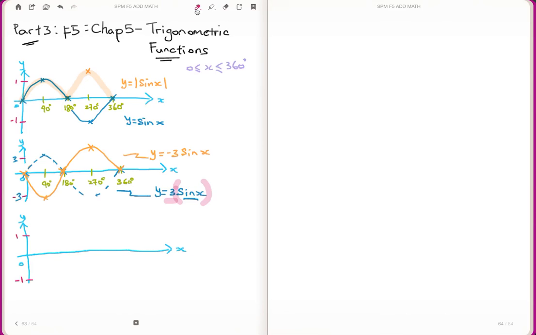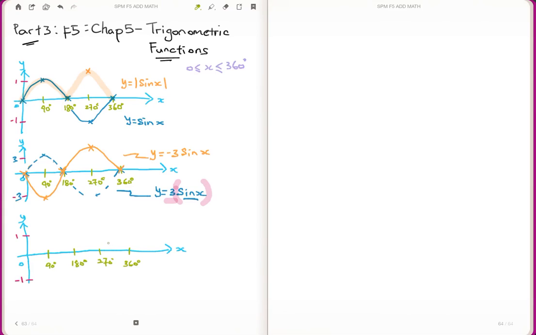It depends on the question whether you need to change it. So in this case, we use the same concept: 1 and negative 1, 90, 180, 270. If the question uses pi, the form of pi, then you use pi. Otherwise, it helps you to learn in degrees.